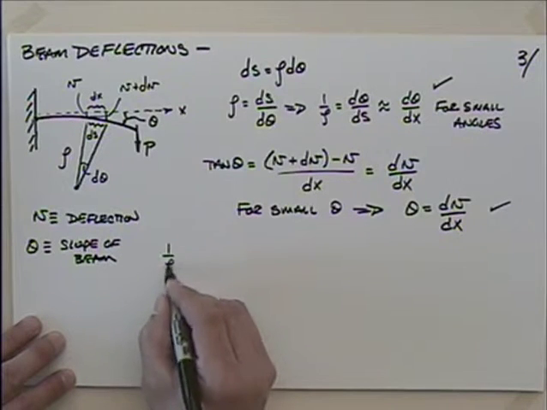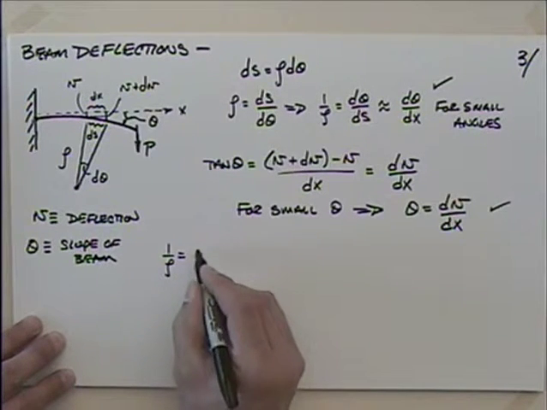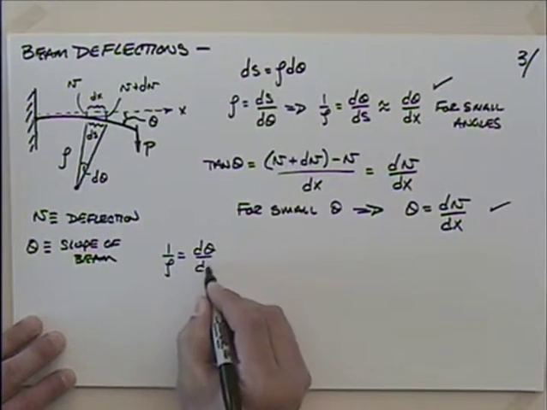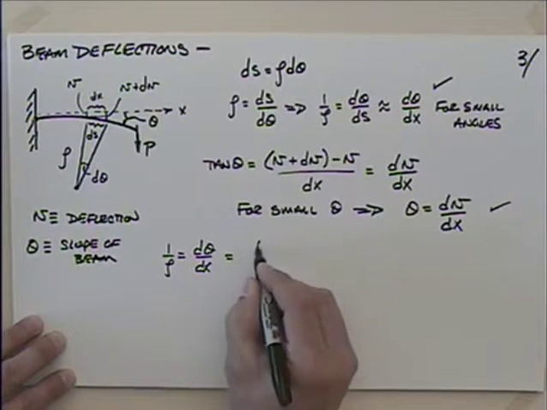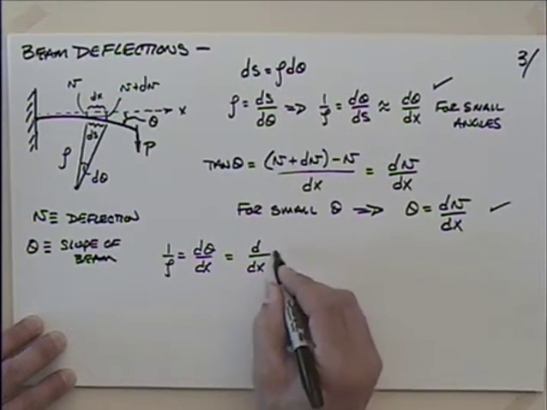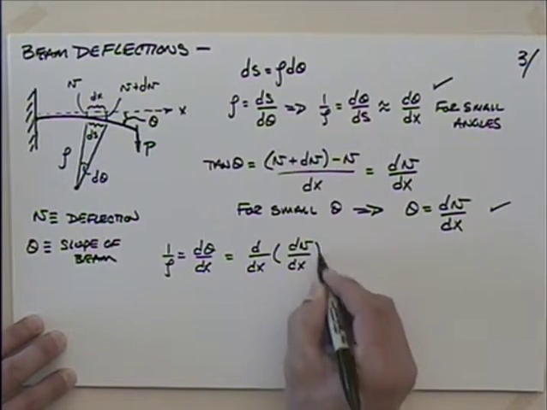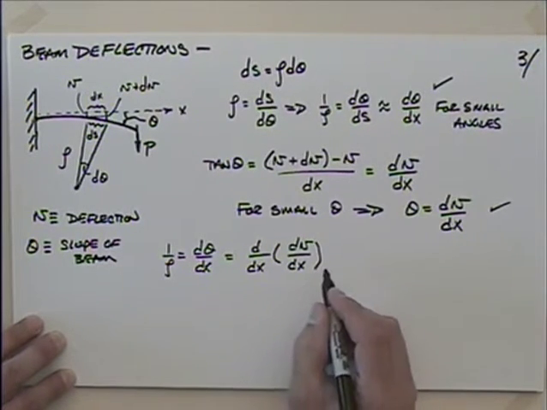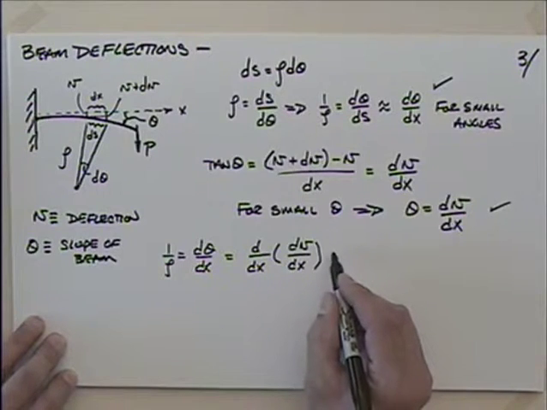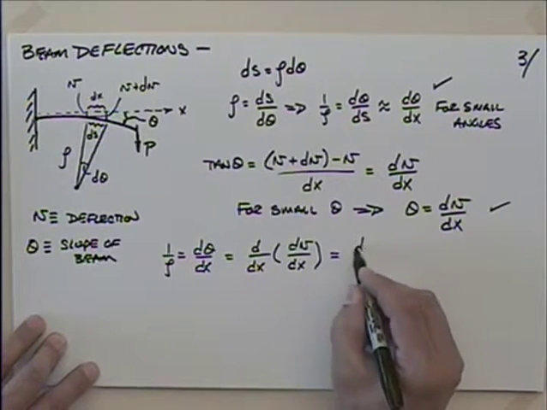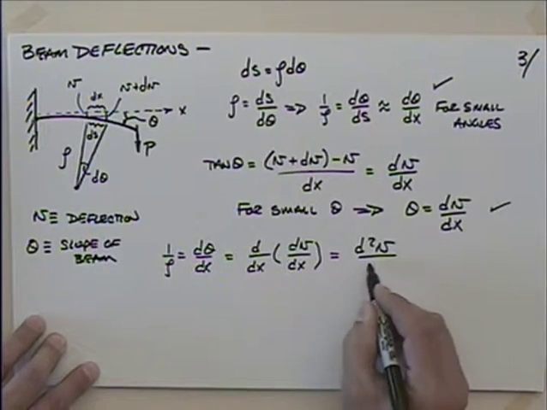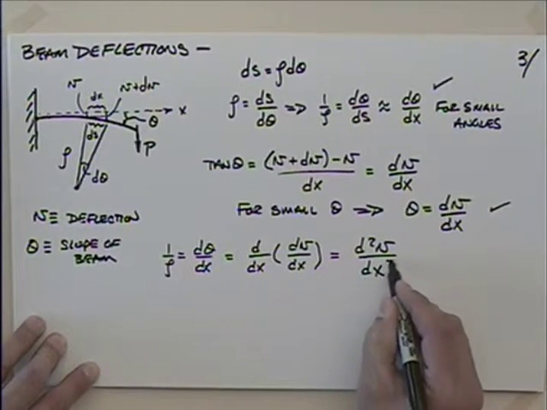If I've got that 1 over rho is equal to d theta dx, I could say that that's really equal to the derivative with respect to x of dv dx, right? Because isn't that what theta is? Yeah. Which gives me what? The second derivative of v with respect to x.